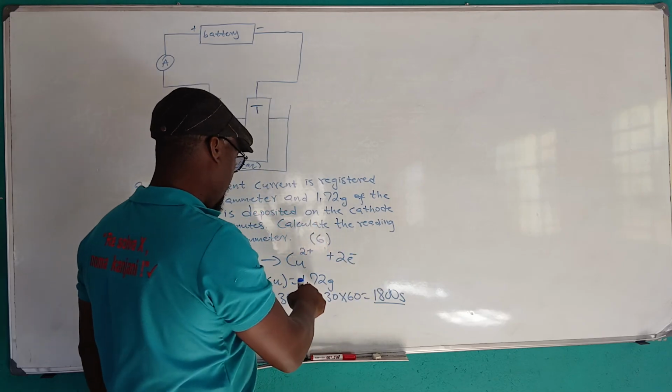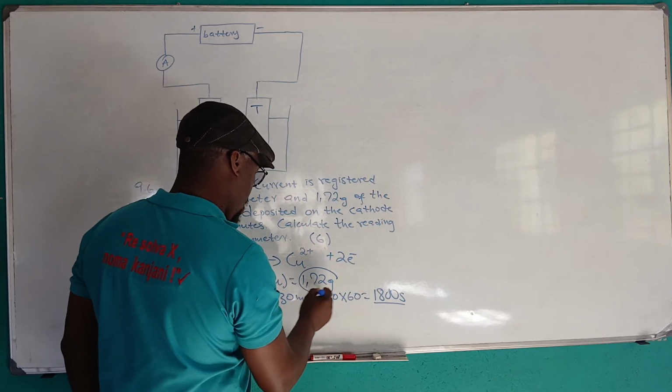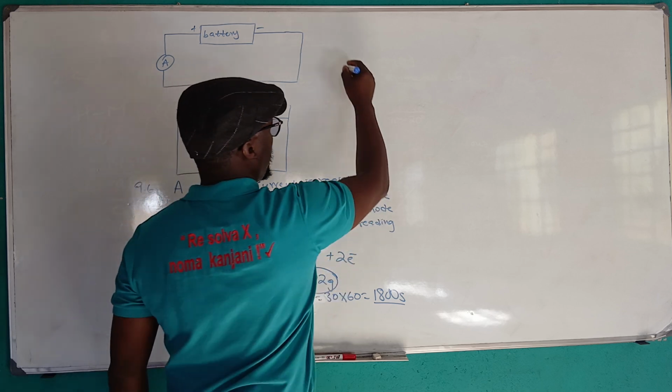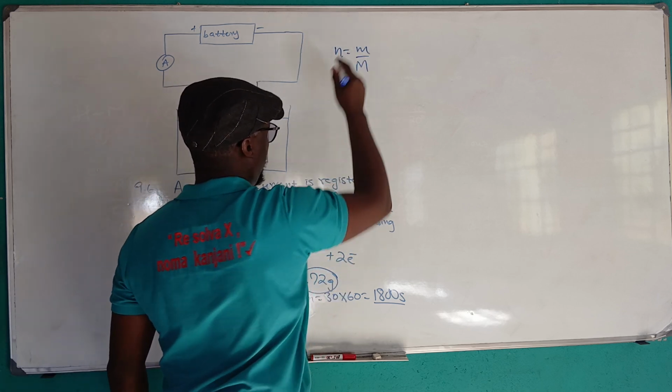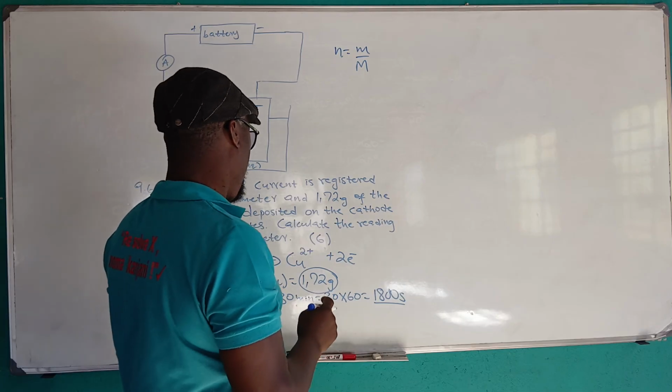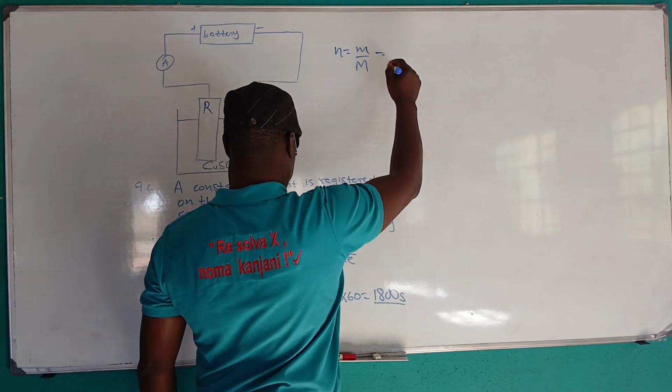We're given this mass. Let's use this mass to determine the number of moles pertaining to copper.